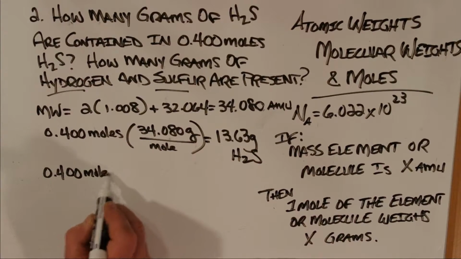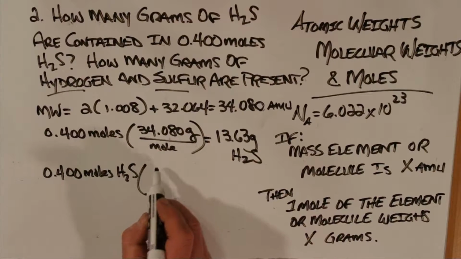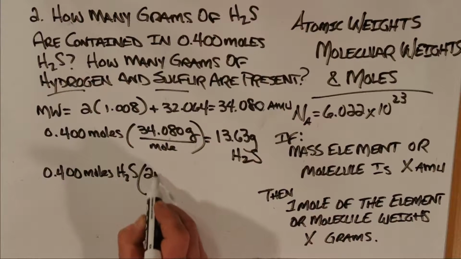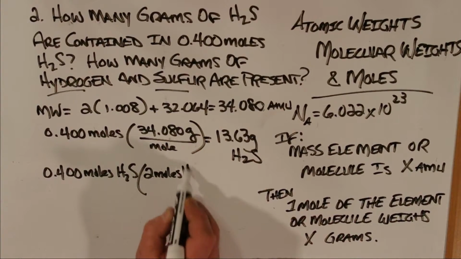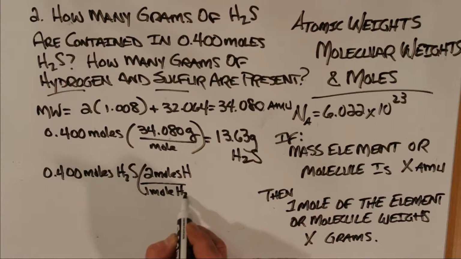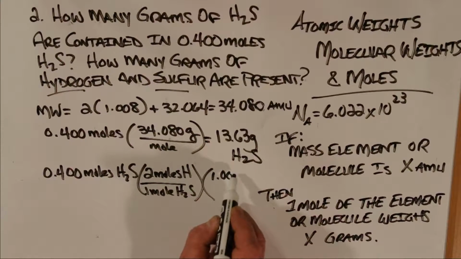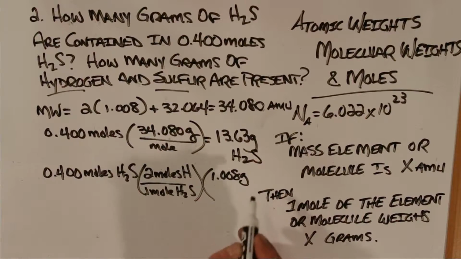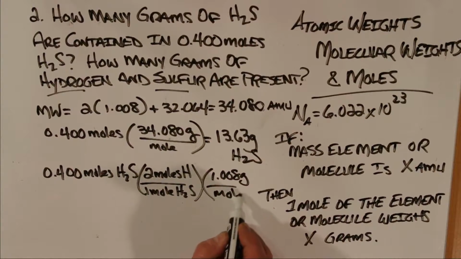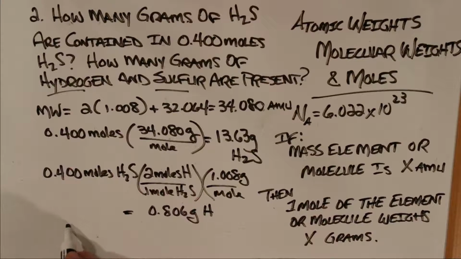Going back to our given 0.400 moles of H2S, we know that for every 1 mole of H2S, there are 2 moles of hydrogen. That tells us that in the sample that we have, there are 0.8 moles of hydrogen. If we multiply that by 1.008 grams per mole, we come up with a numerical value of 0.806 grams of hydrogen present.